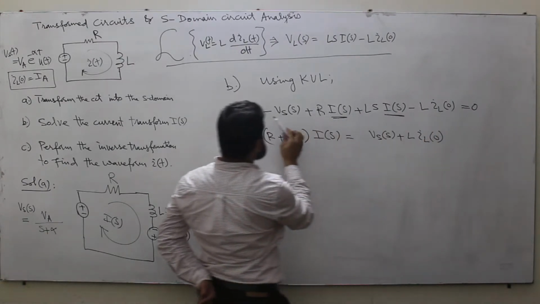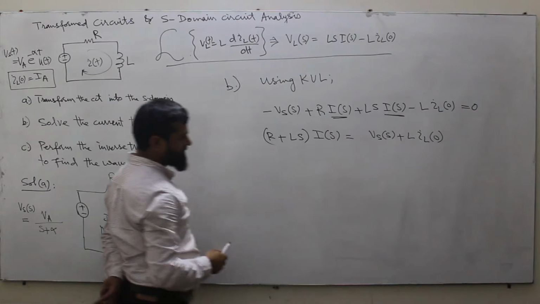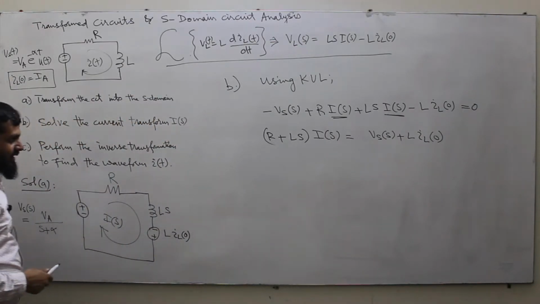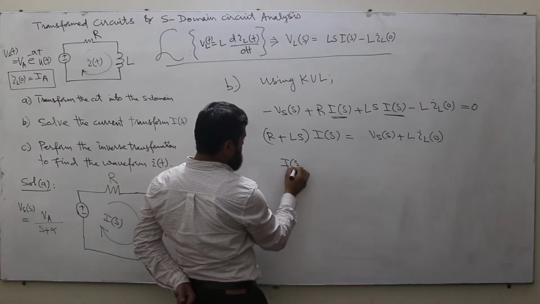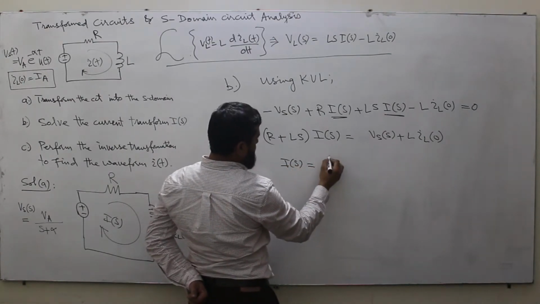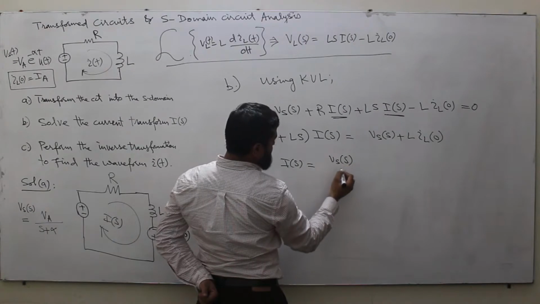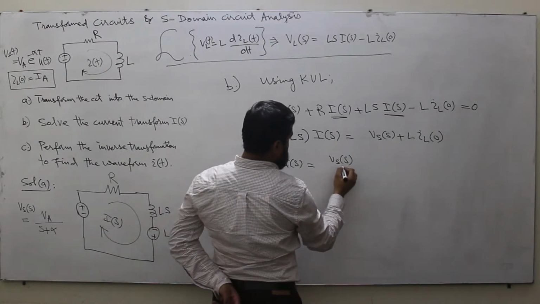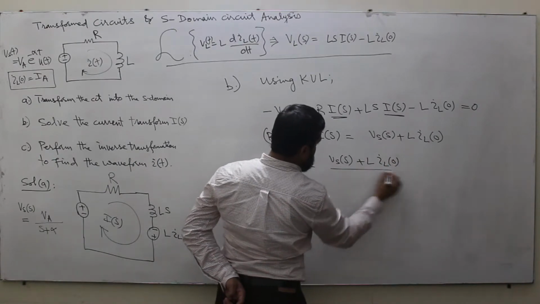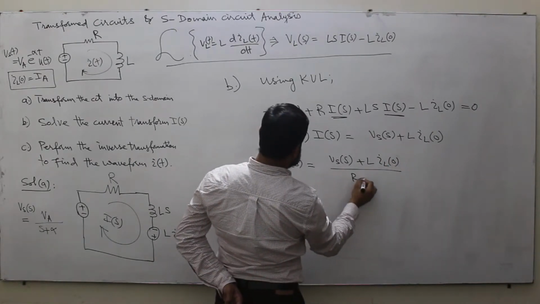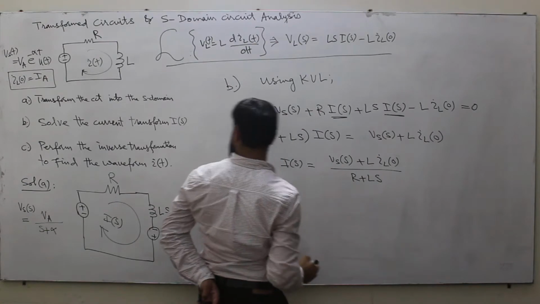Since this is negative, going to the other side both become positive, and I of S is equal to Vs of S plus L into IL of 0, divided by R plus L into S.